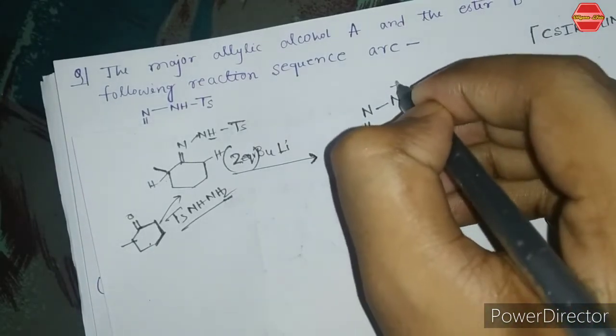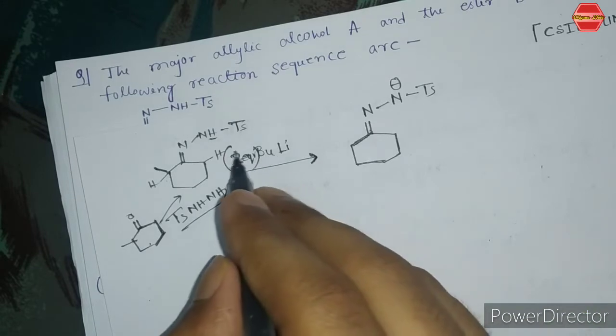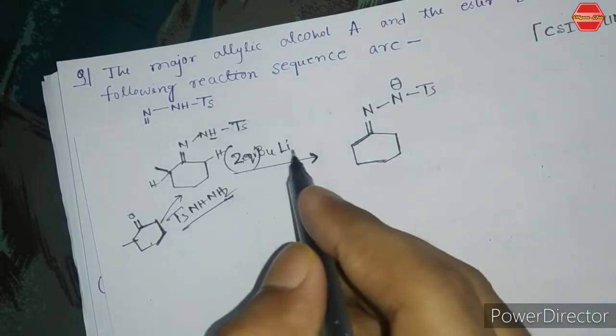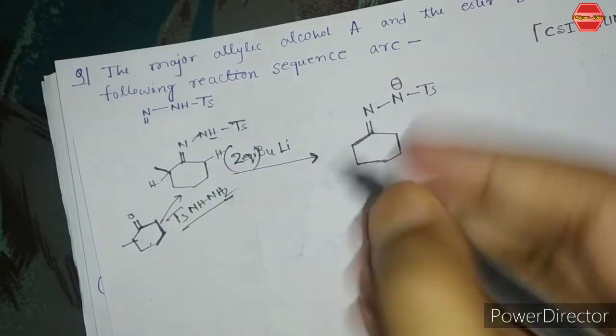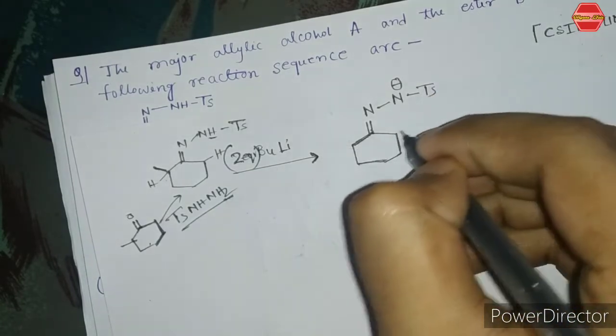In this question, which we have taken from the CSIR exam, the reaction is Shapiro, so it always forms the less substituted product.